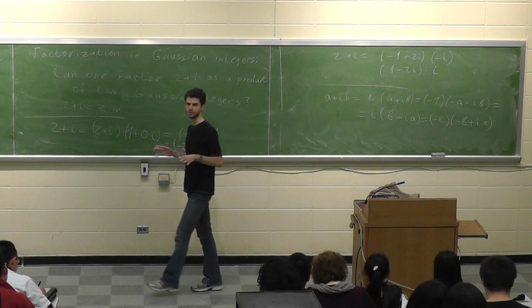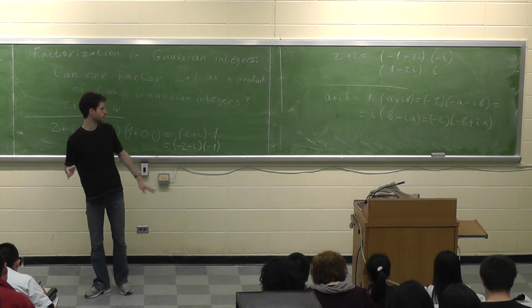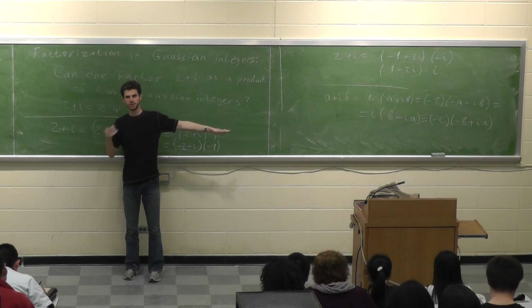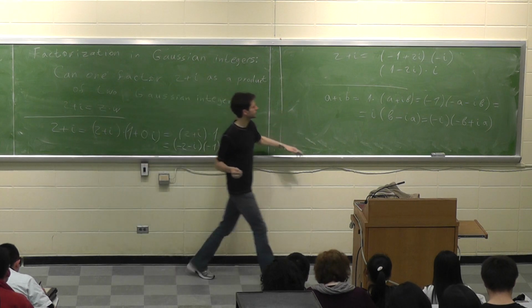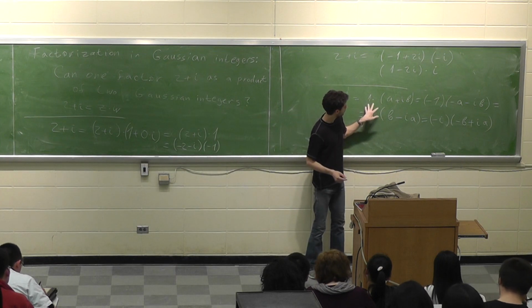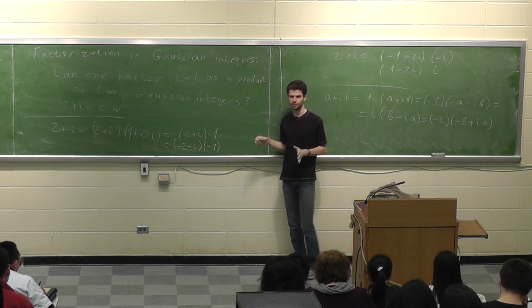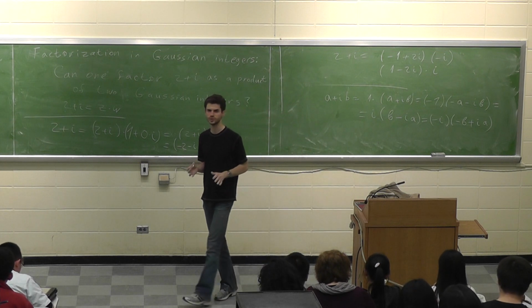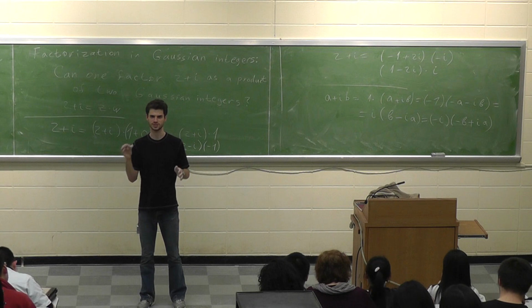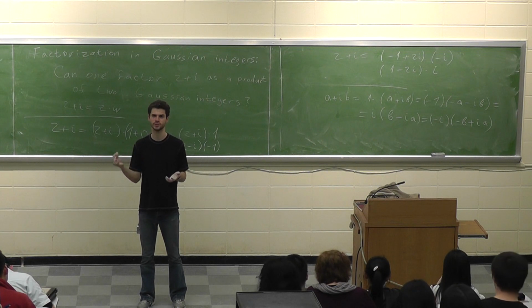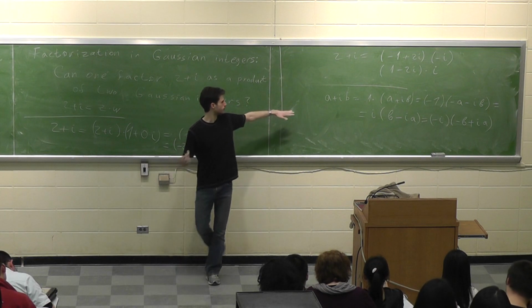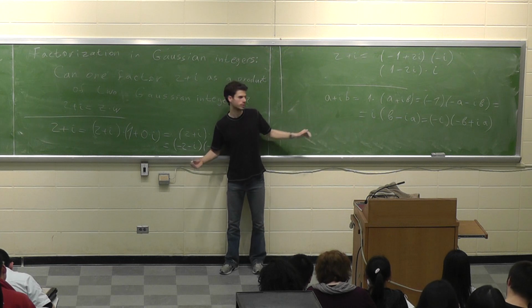We can always take a Gaussian integer and write it as a product of two Gaussian integers in four distinct ways. And kind of in usual integers, we can always write any number n as 1 times n or minus 1 times minus n. So here we have four such ways, quite general.